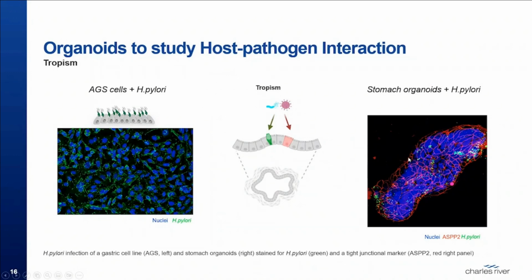On the other hand, if you look at the organoid infected with the same strain, now you start to appreciate that the bacterium localizes in specific regions of the organoids, suggesting that there is a specific tropism of the bacterium for certain types of cells. And work from other groups has shown that this bacterium can target the adult stem cell as well as the pit cells in the stomach.